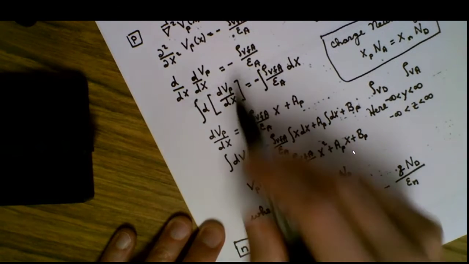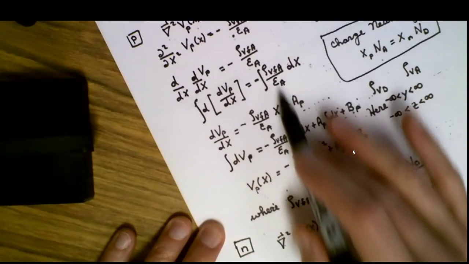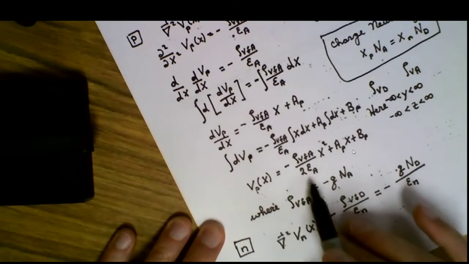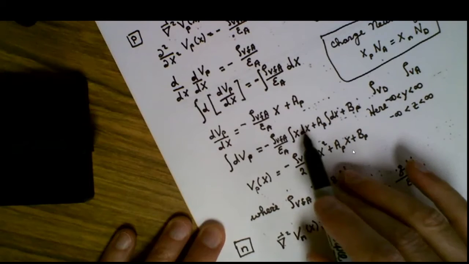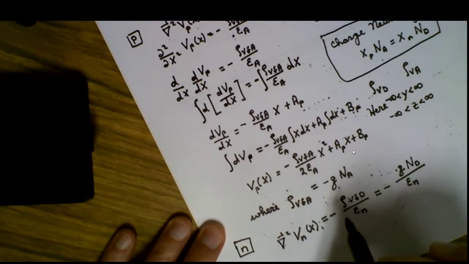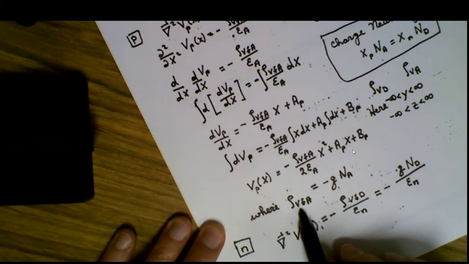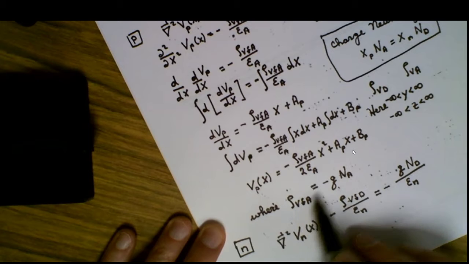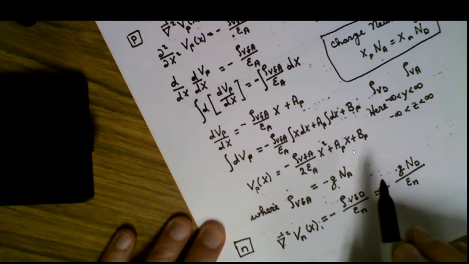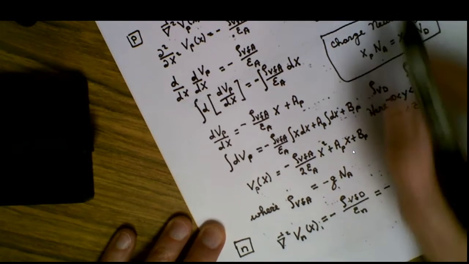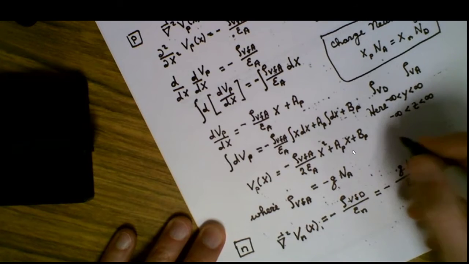Now let's scroll down here a little bit, and we observe, is this expression right? Here we stated the sign for our volume charge density. For the acceptors, that's going to be negative. For the donors, that's going to be positive.